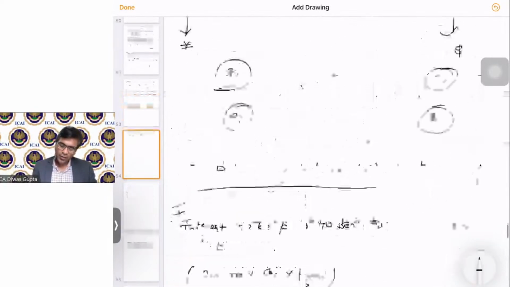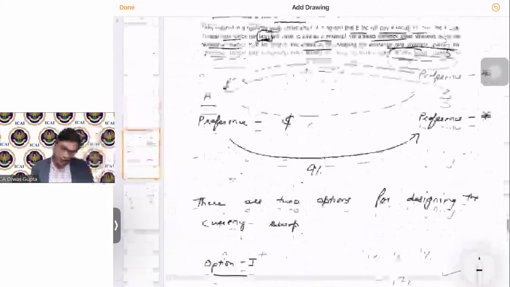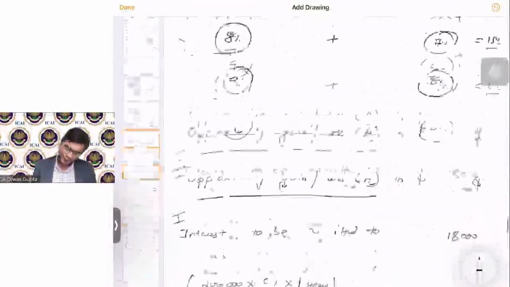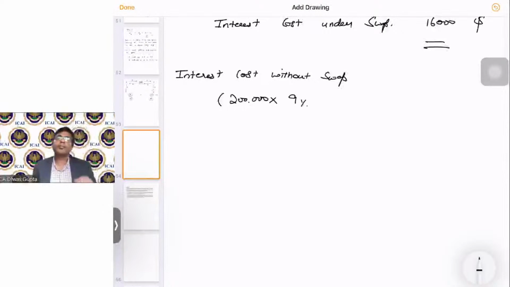What is the dollar rate? For A, what is the dollar rate? 9% for 1 year. $18,000.